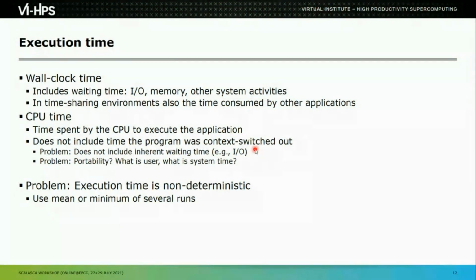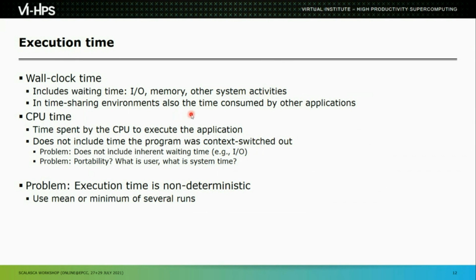So whenever you're using a node, it's exclusively reserved for your application. That also means that if you're not using that full node, or if you're not using it efficiently, you're still being charged for that full node, for all of the cores, all of the resources that you're not actually using during that batch job execution. So that's again another good reason to minimize the wall clock execution time.